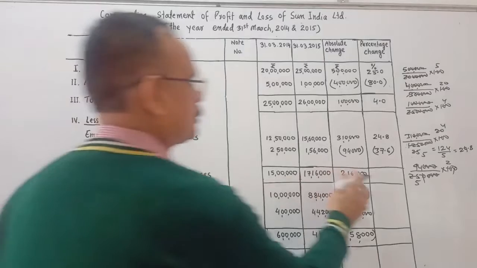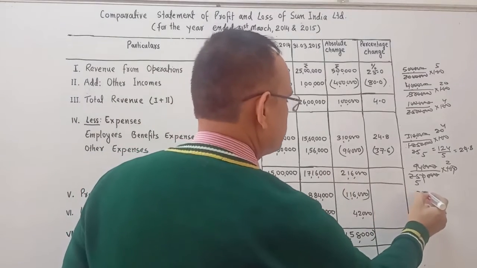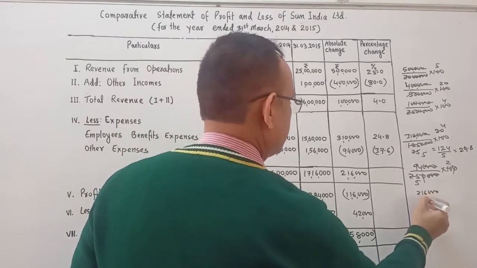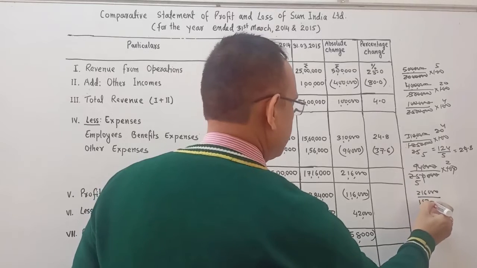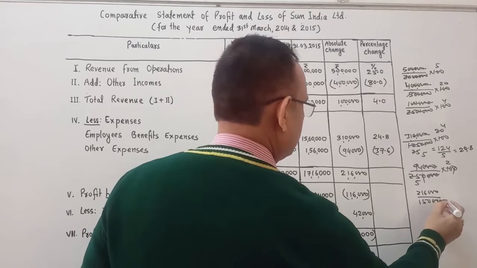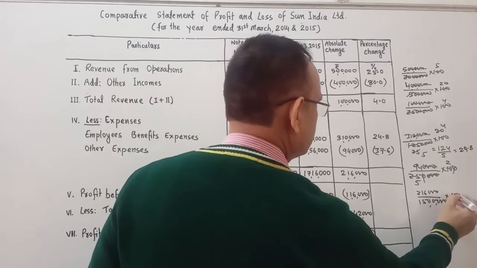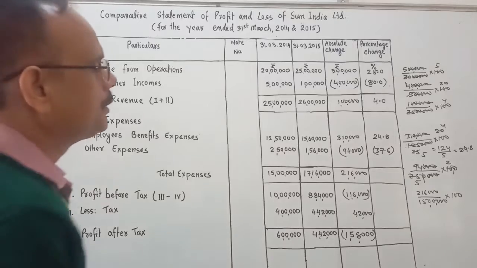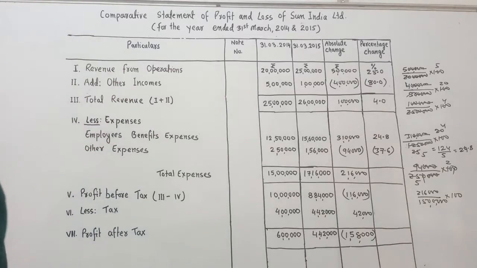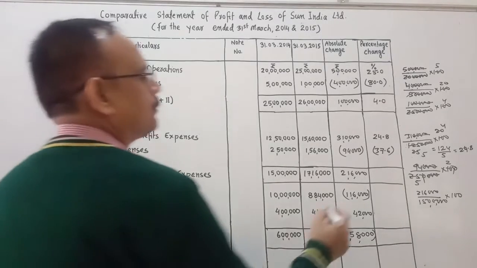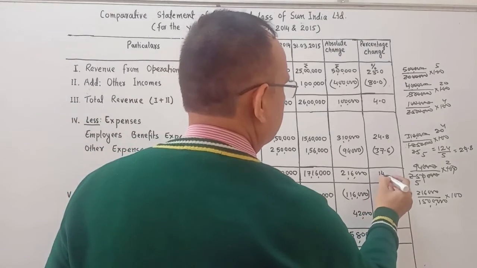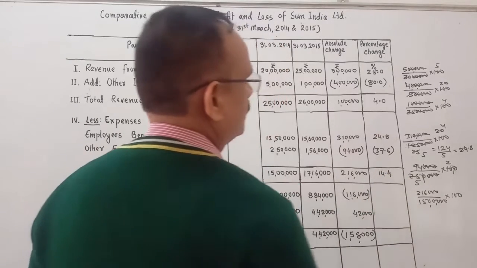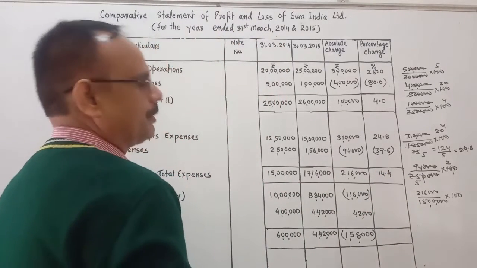Next is 2,16,000 absolute change, upon 15 lakhs into 100. So it is 14.4.